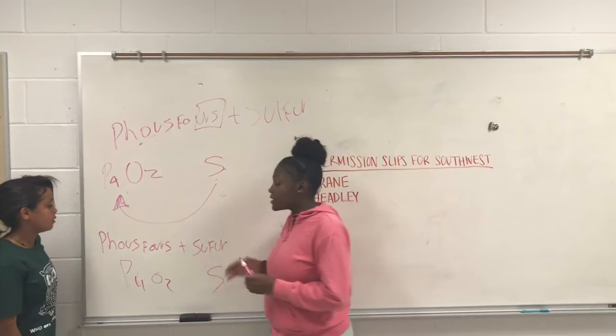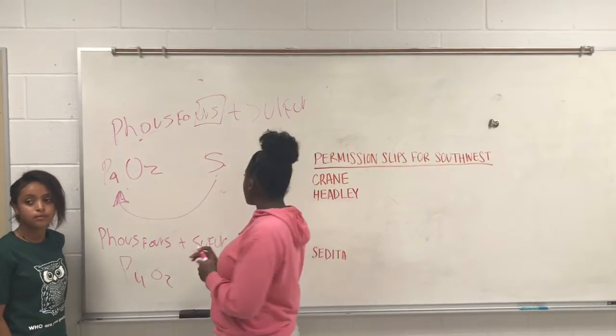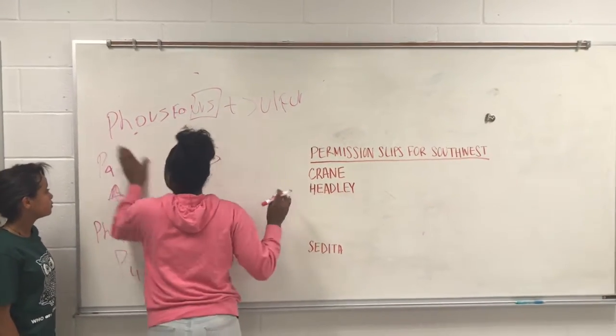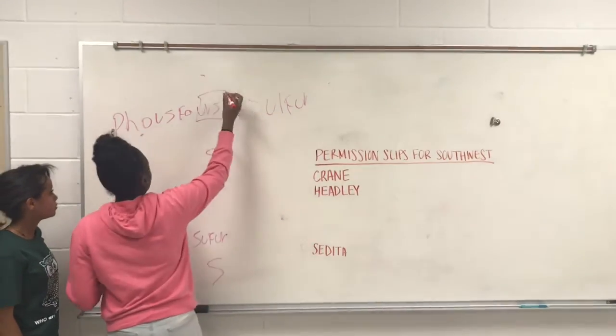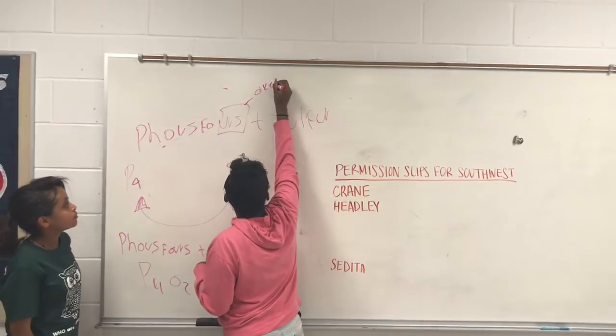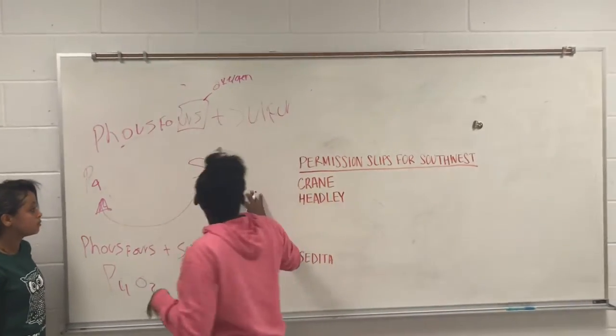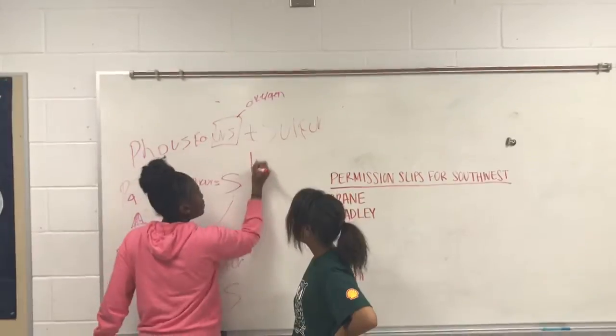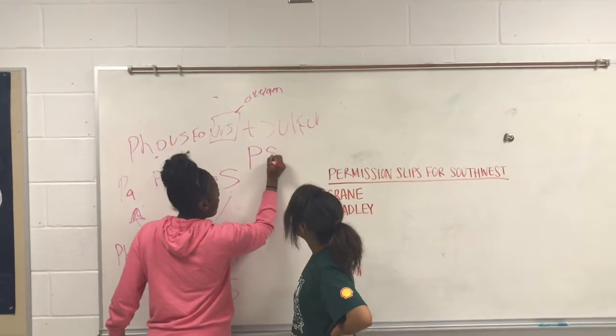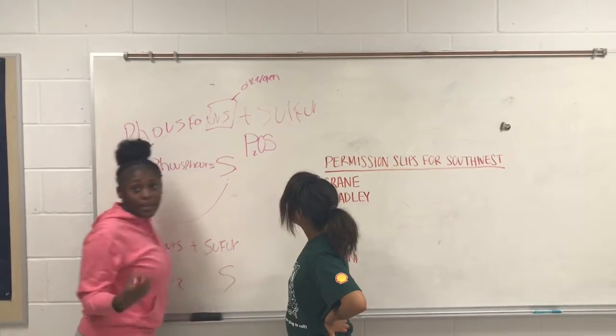Because it's actually really hard to do, if you see that it ends in sulfur, it would technically change because it's adding a sulfur. So the final solution would be P4S2, like that.